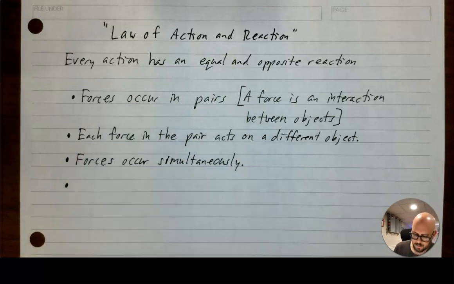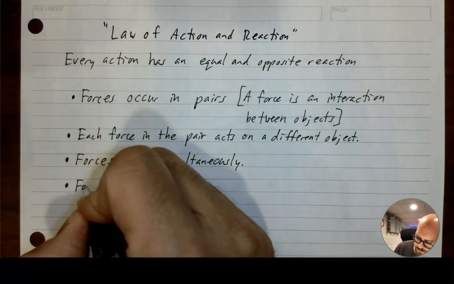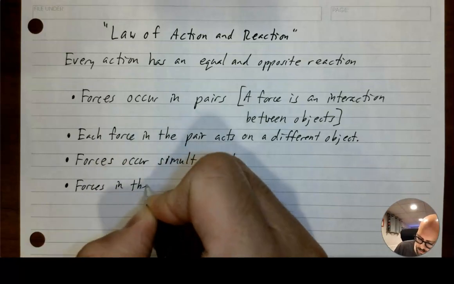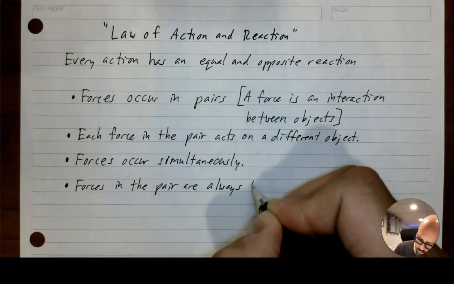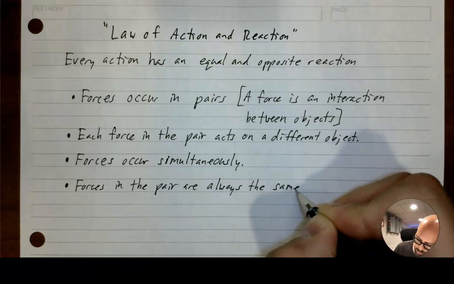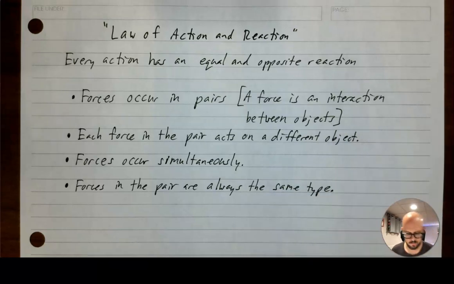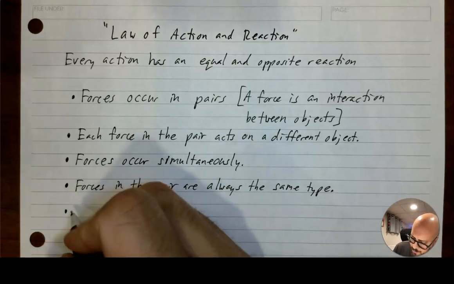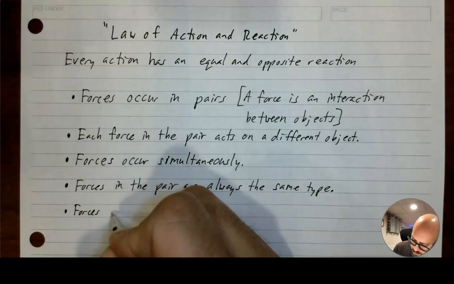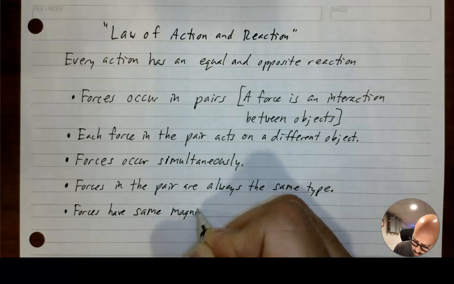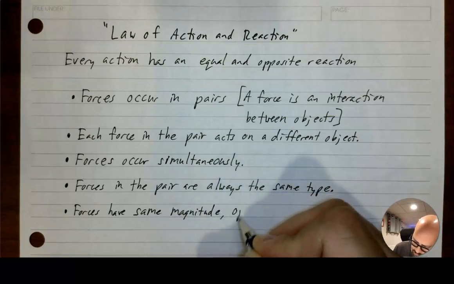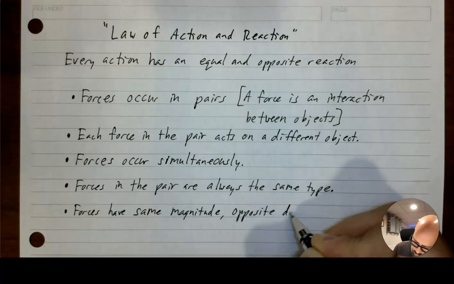The forces in the pair are always the same type, meaning like they're both the normal force, they're both the gravity, that sort of thing. And then equal and opposite, the forces have the same magnitude, but opposite direction.